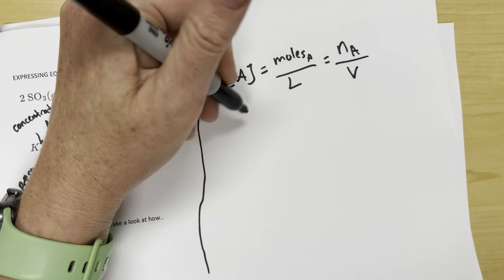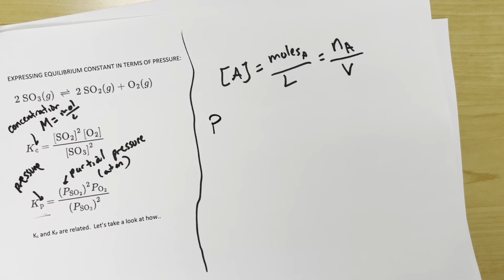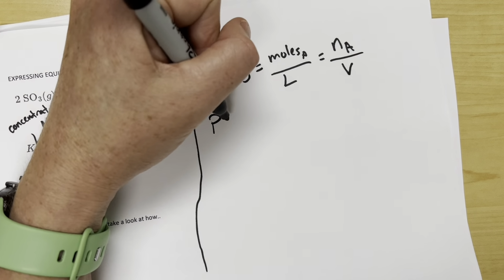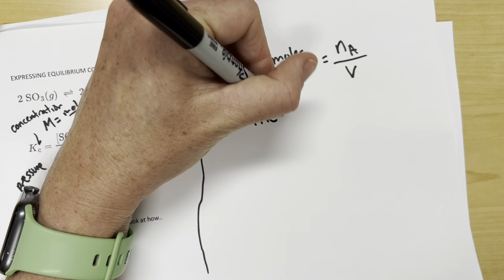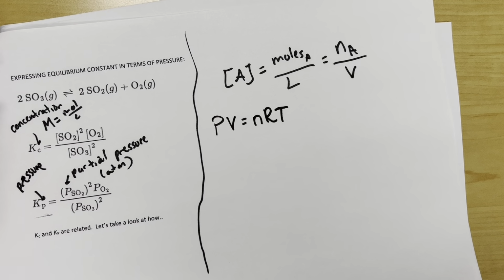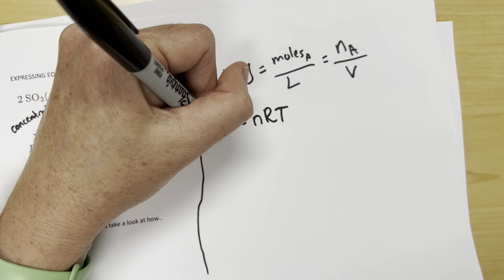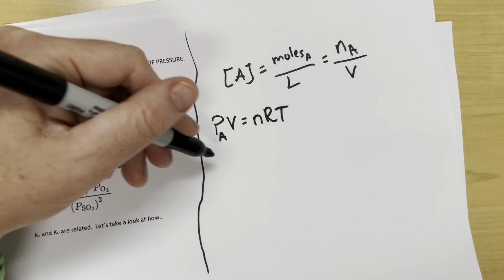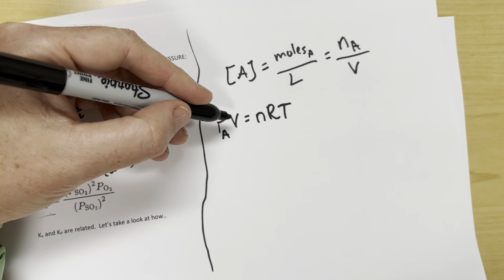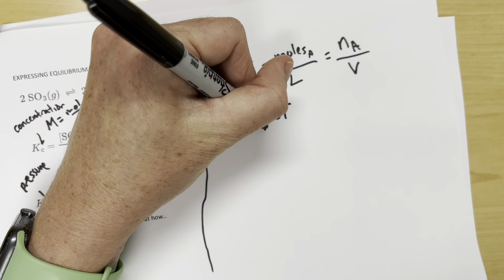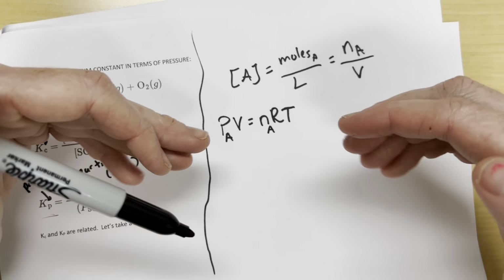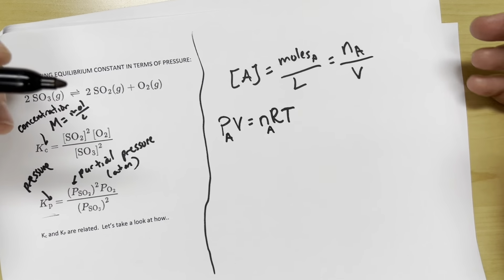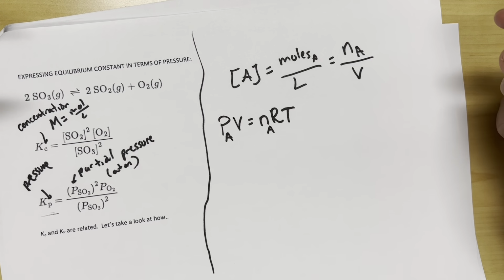Pressure, the times we've talked about pressure have been via the ideal gas law, where PV equals nRT, or the pressure of one particular compound times the volume of whatever container it's in is equal to the moles of that particular compound times RT. These two concepts will allow us to derive the relationship between Kc and Kp.